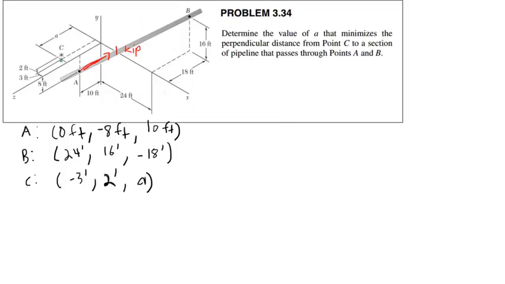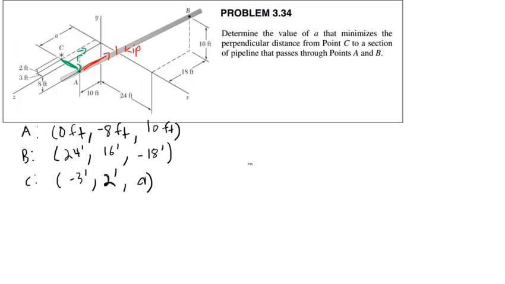I have this distance here, r, minimized from point C to a section of pipe that passes from A to B. So basically, I'm going to do the full moment calculation, just using these coordinates like we have before, and then I'll simply minimize it using a unit 1 kip load.